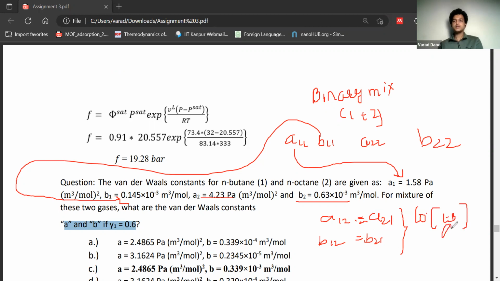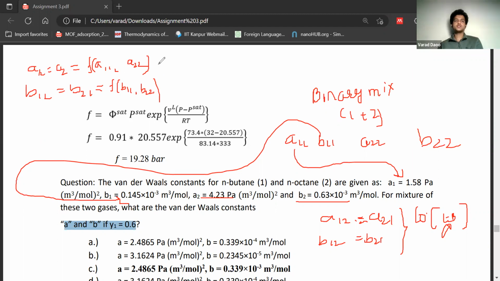A12, equal to A21, is a function of A11 and A22. Similarly, B12, which is B21, is a function of B11 and B22.